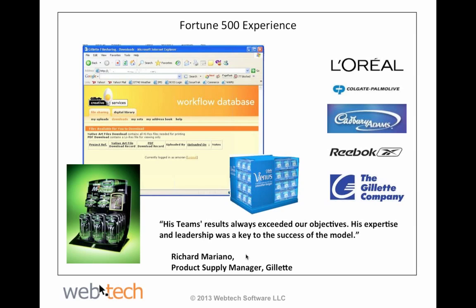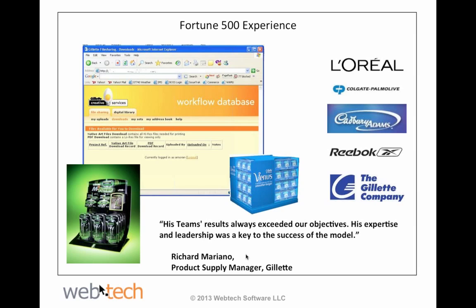And then not only that, but also moving files across the globe. So if, for example, an engineering change was made in Boston, we needed to get that instantly to their 7 distribution centers in North America so that they could start printing and change over their packaging.